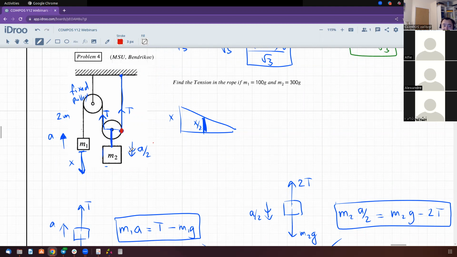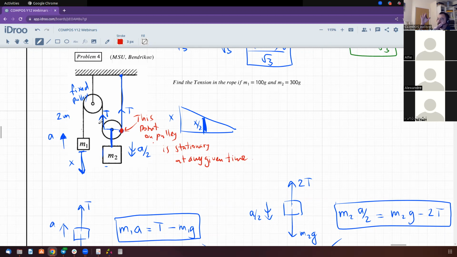By this point, I mean the right end of the pulley, not the particular piece of rope. This point on the pulley is stationary at any given time. Okay, does that make sense?